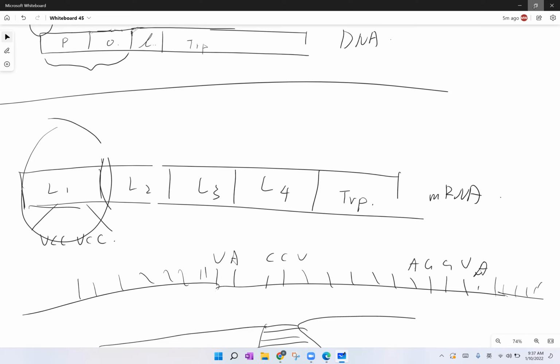So what's going to happen? What's the situation now? This part is done. This part is still being translated. And what's been floating around now? They're going to form a loop. Okay? That's a big one, that the ribosome cannot proceed continuously.